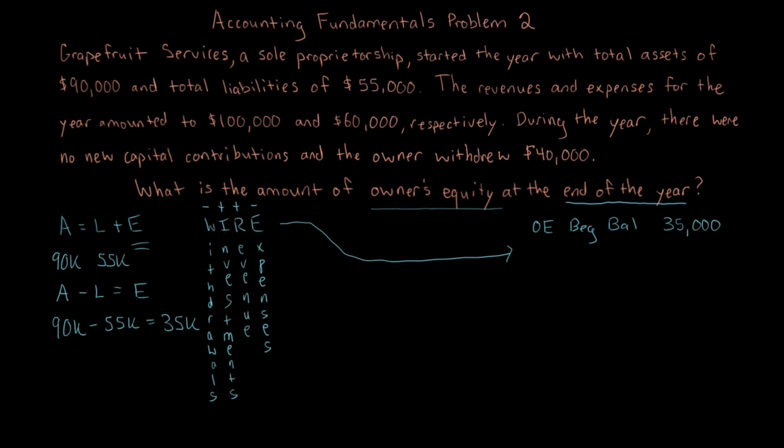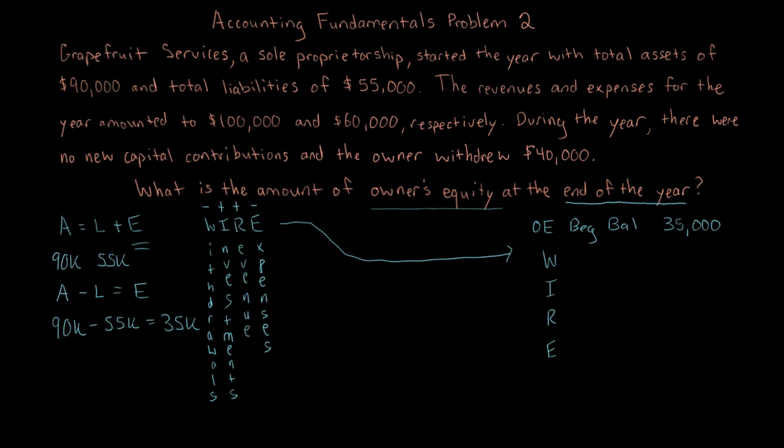The revenue and expenses for the year amounted to $100,000 and $60,000 respectively. So we can actually write out WIRE. And when you look at the statement of changes to owner's equity, it might not be written in the same order as WIRE, but we're keeping with our acronym because acronyms can really help you understand things.